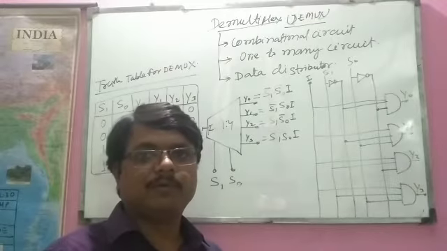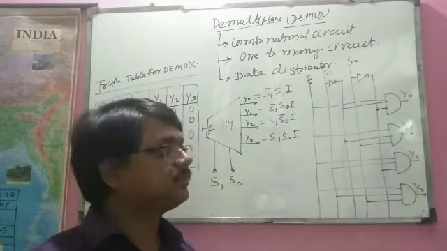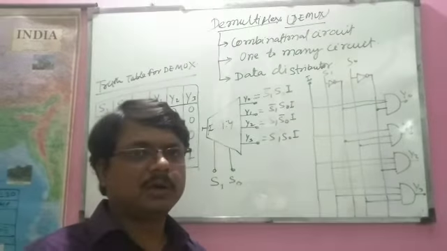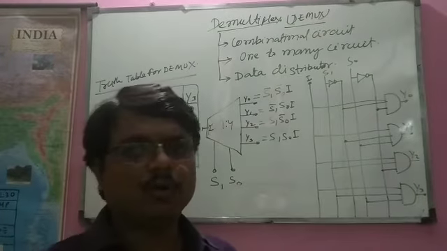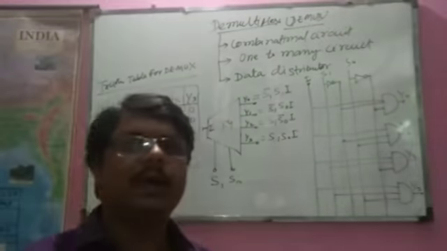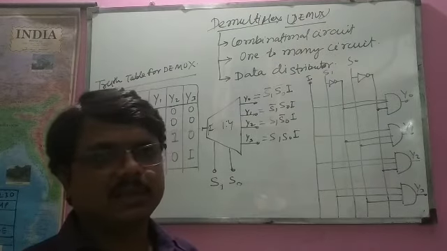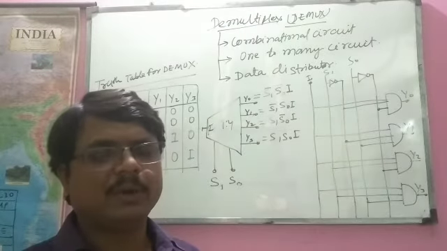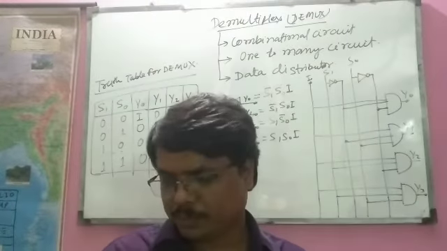But with the help of multiplexer, it is possible to implement those circuits. Because for implementation of any circuit we need AND OR circuit, but here only AND gates are there. So implementation of any combinational circuit with the help of demultiplexer is not possible.